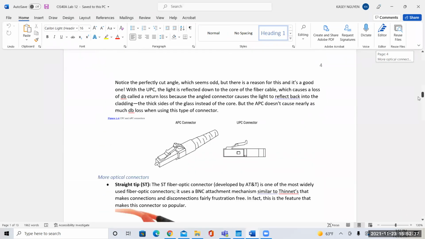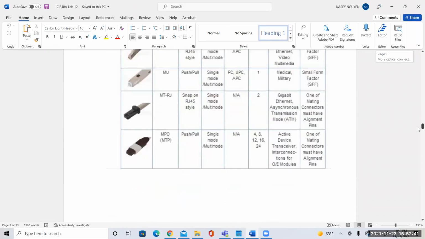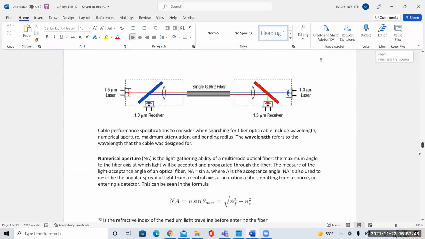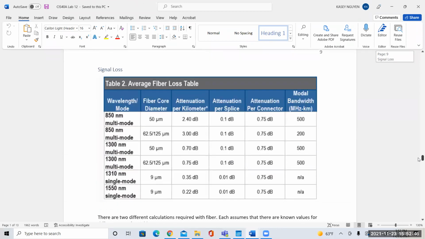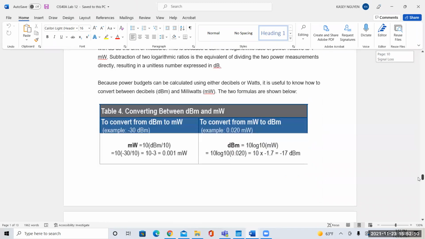If you look at lab 12, I think it's in a table.